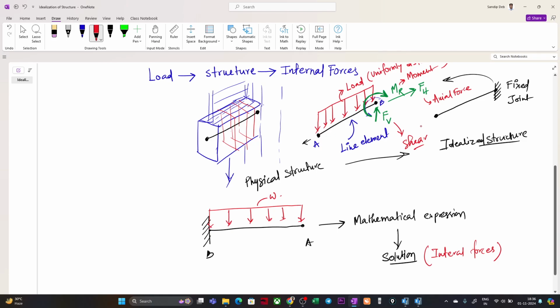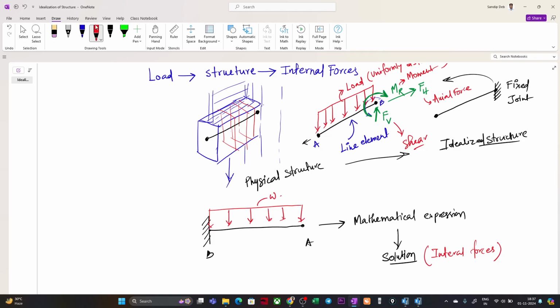So these are what we want in this case. We want to know what amount of these internal forces are being developed in this beam, and to resist these internal forces, how the section needs to be developed. That we will do in the design part. Once we understand how it is behaving, the extent of these internal forces, only then can we proceed with the design, right? So here basically we are doing the structural analysis.